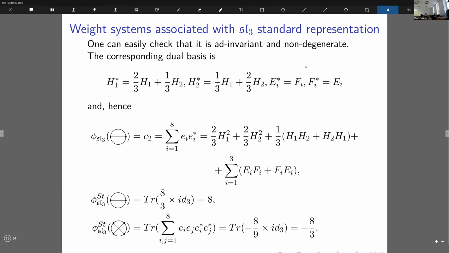And let me comment also. The universal Lie algebra weight system takes values in the center of the universal enveloping algebra of the Lie algebra. And because of the grading, we know that we deal with a graded Hopf algebra.